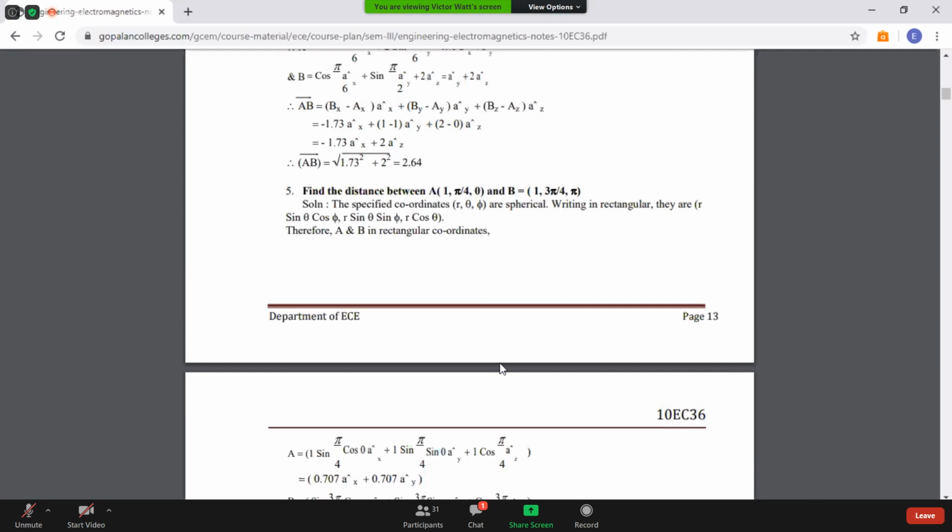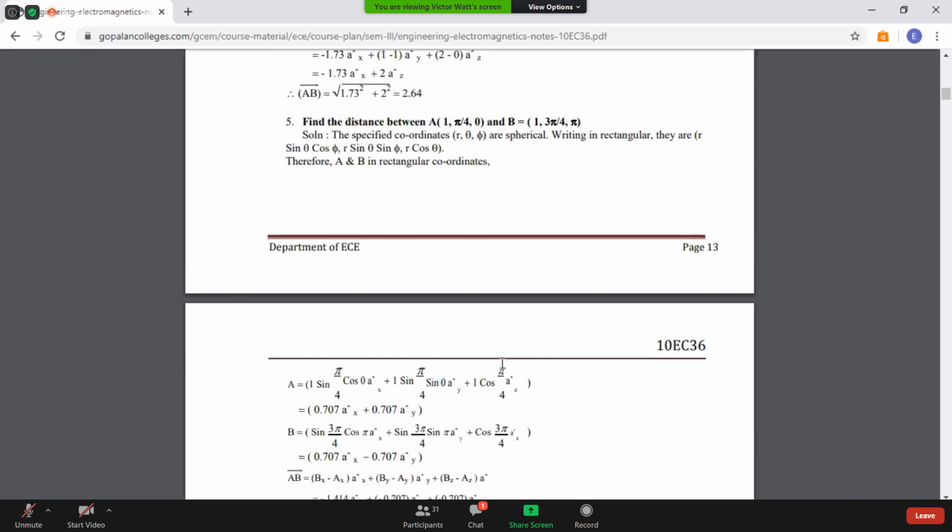All right. This one now is spherical. Again, you have to do the conversion. The spherical coordinates are r, theta, phi.